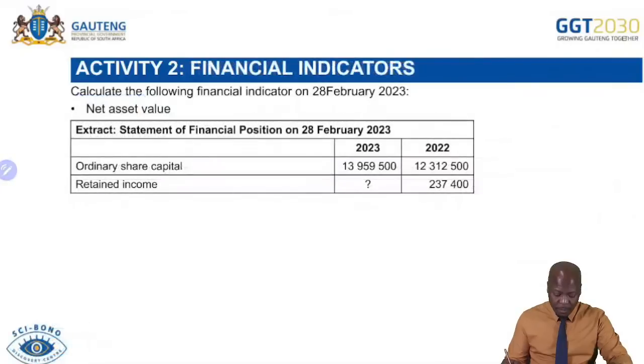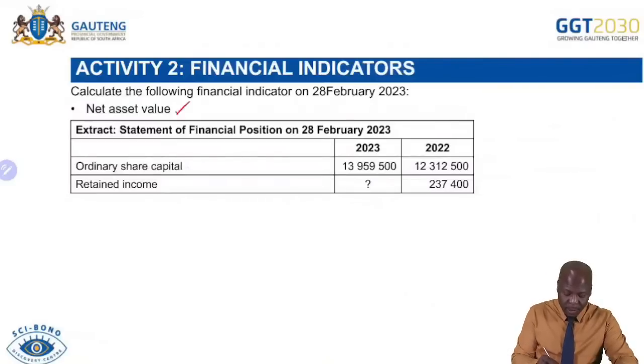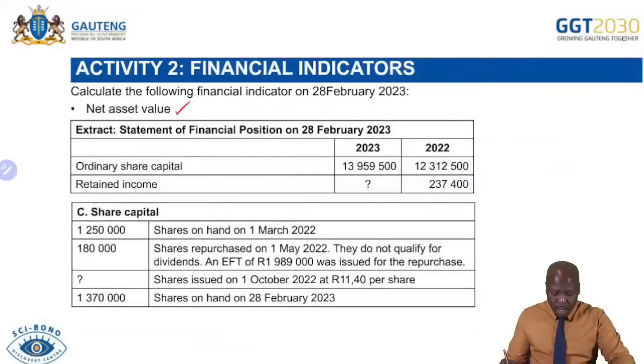In the next one, they say, calculate the following financial indicators. That is your net asset value, the NAV. The information that we are given has to do with shares.